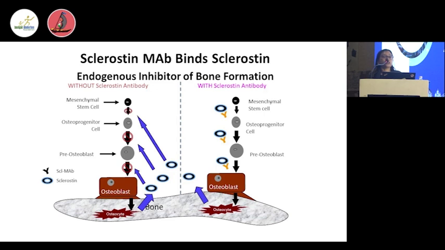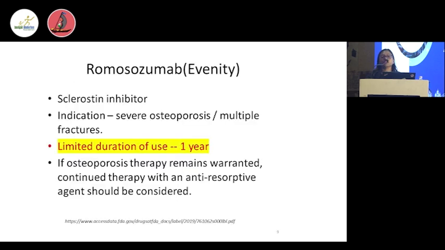So what is this sclerostin pathway? To understand how the drug acts, we need to understand the normal physiologic pathway. This is the WNT signaling pathway, as you can see in the basal condition. In this signaling pathway, the WNT binds to the LRP5/6 co-receptor, and it prevents the phosphorylation of the beta-catenin.